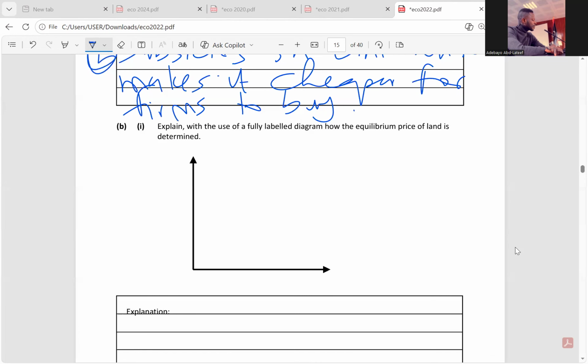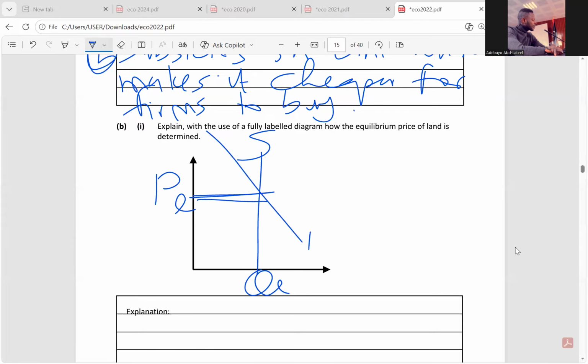B, Roman figure 1. Explain with the use of a fully labeled diagram how the equilibrium price of land is determined. Land is fixed in nature. It's fixed in supply. So first you have to draw the supply curve of land. At any price level, that's our PE and QE. Then the demand.